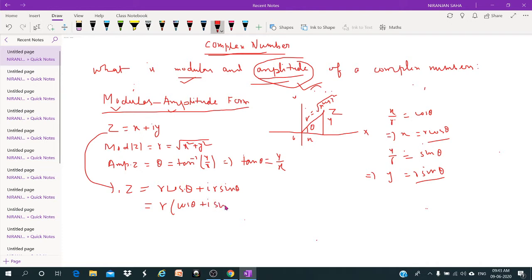So this is the modulus amplitude form. Here we just have to know r, the modulus of the complex number, and theta, the amplitude of z. Now let's see with an example how any complex number can be transformed into modulus amplitude form. Take an example.